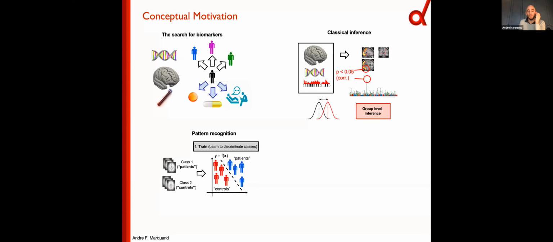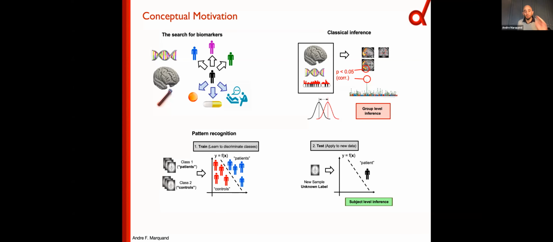So a number of years ago, we started working, and others as well, on using pattern recognition methods to discriminate clinical cohorts, for example, patients and controls. The central idea is that we aim to learn some kind of decision function in some multidimensional space that enables us to separate clinical cohorts as accurately as possible, such that we can then make a prediction as to which diagnostic label, for example, a new participant belongs to.